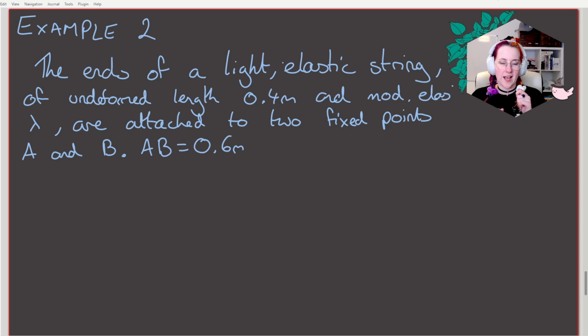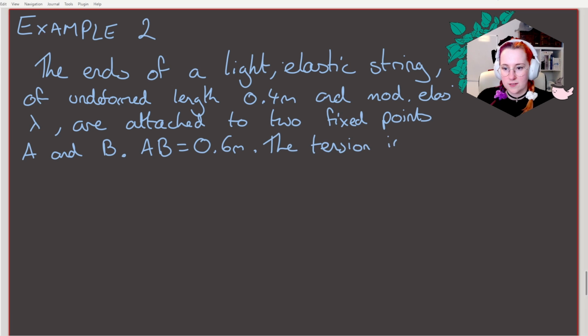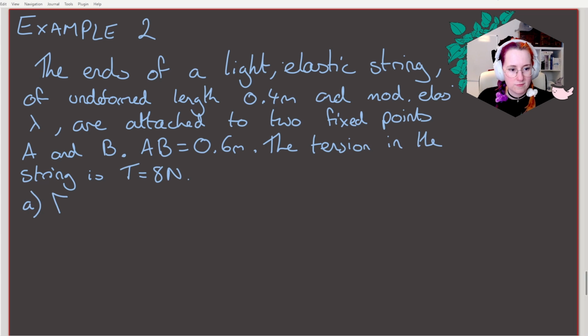So the distance between A and B is 0.6 meters in that. The tension in the string is T is 8 newtons. A, find lambda. So we have a tension, we need to find the modulus of elasticity.